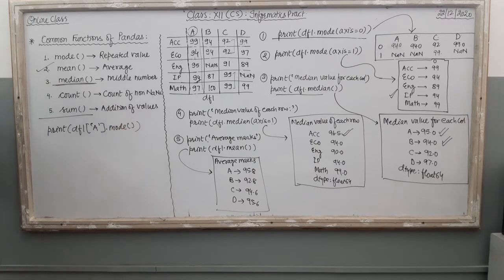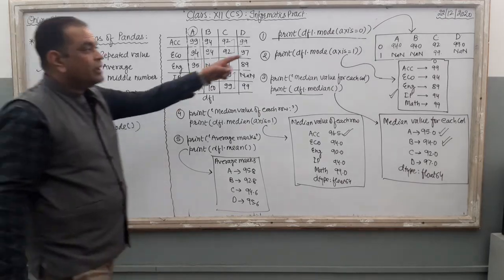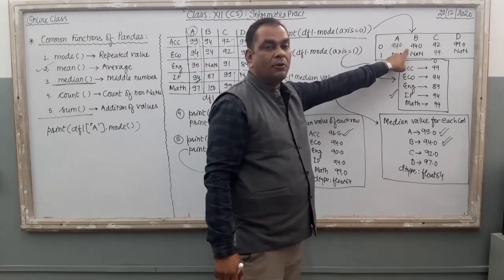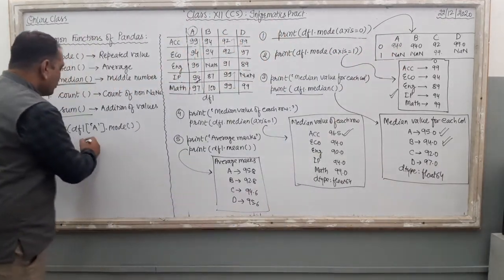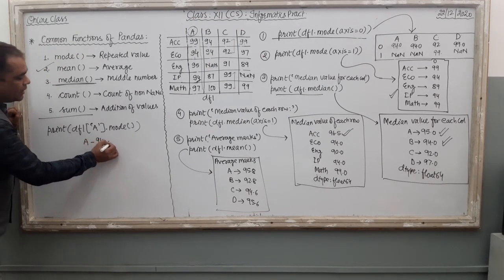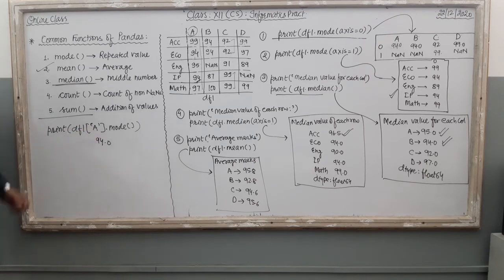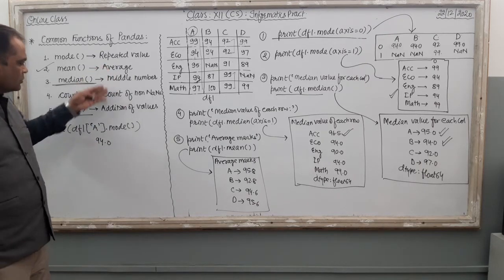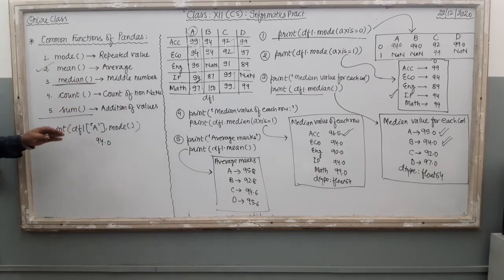What will happen now? The mode function works on column A only. So instead of this output, you will see the output is 94.0, a single digit. Clear? You can use this mode, median, count, sum on this particular column.